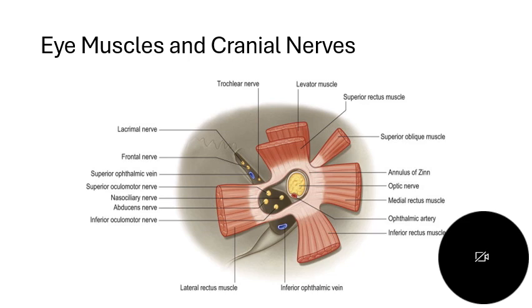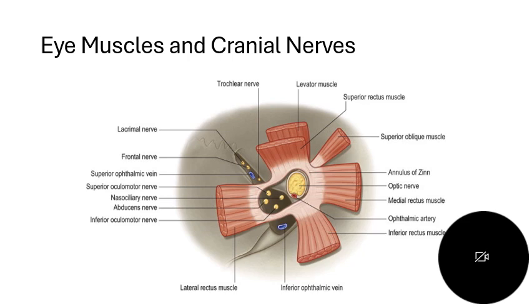The optic nerve, which is the nerve that sees, and the ophthalmic artery comes out of the optic nerve. Then there are some other nerves that also come through that opening. The oculomotor nerve, its superior and inferior branch, the abducens nerve, and the nasociliary nerve.